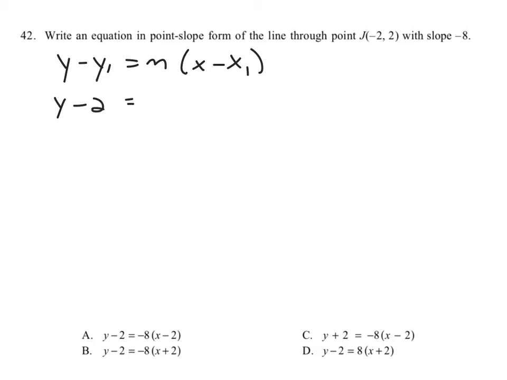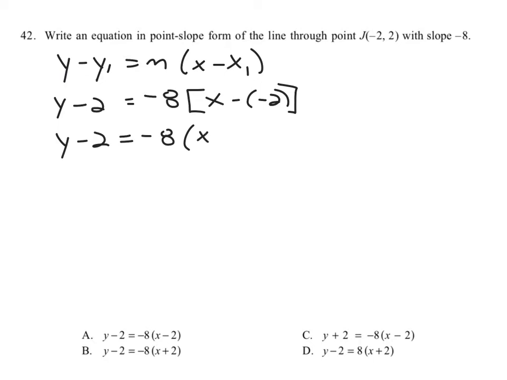Equals m, the slope of -8, parentheses, x minus, and we're going to do minus -2. So I actually have to put brackets here. X minus -2, which simplifies to be y minus 2 equals -8 parentheses x. Subtracting a -2 is the same as adding 2.